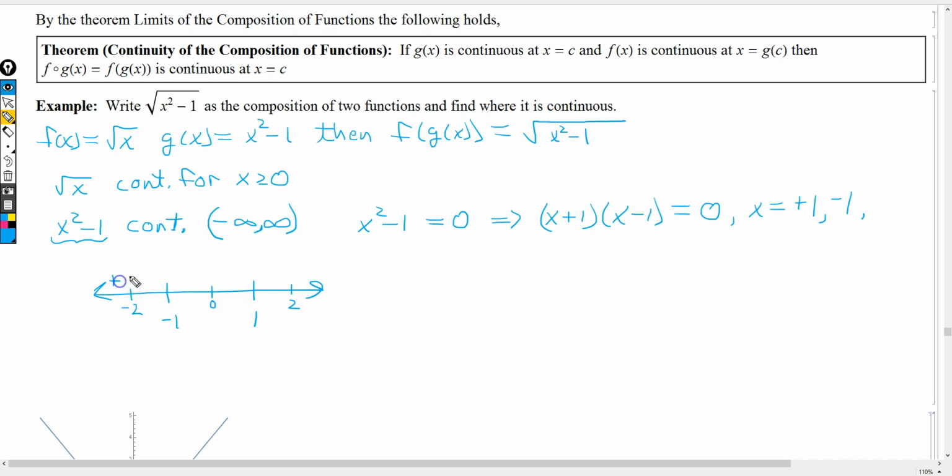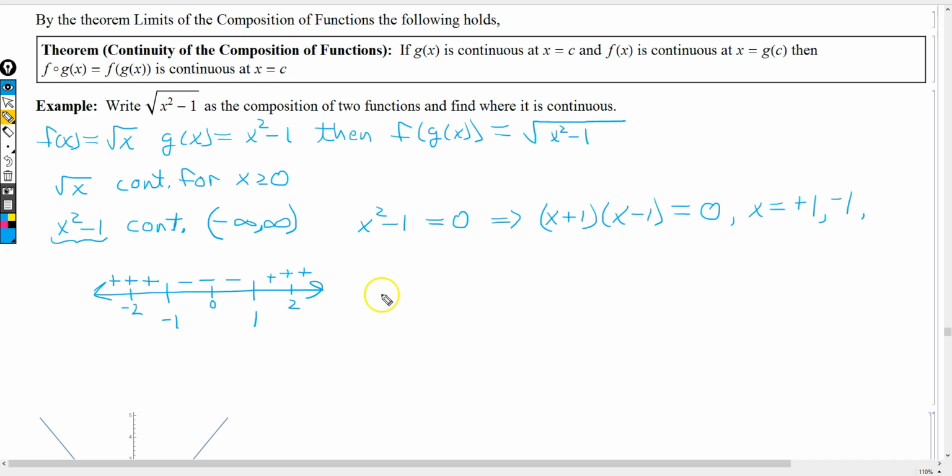So the function is positive from negative infinity to -1. If we put 0 in here, we're going to get a negative number back. So the function is negative from -1 to 1. If we put 2 in here, we're going to get back a positive number. Alright, 2 squared minus 1.